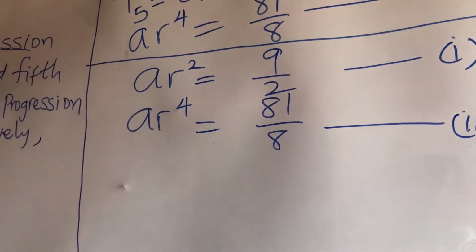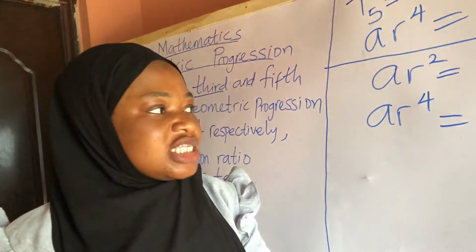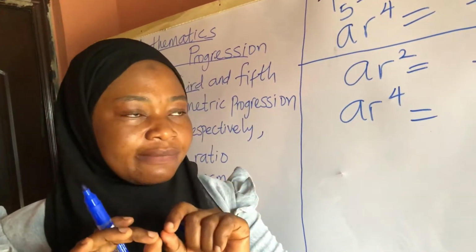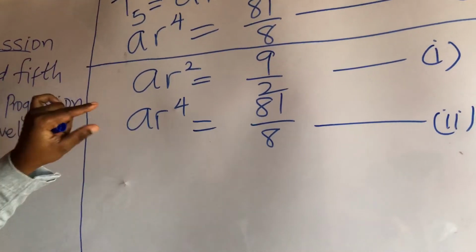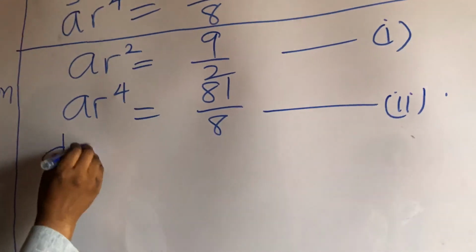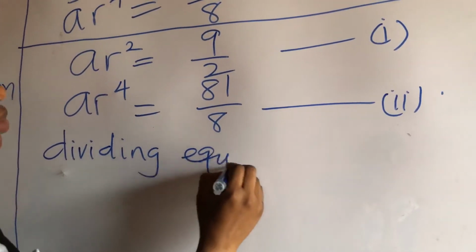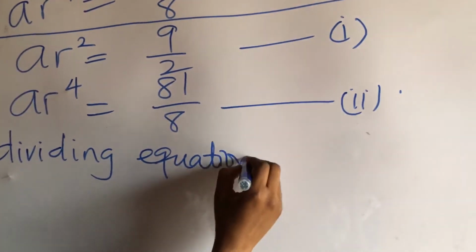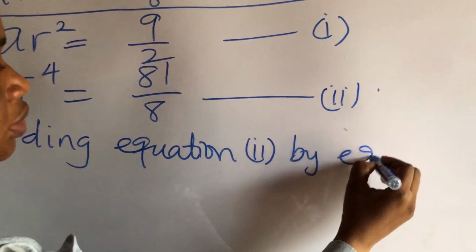I said it in the last video. But for AP, you are going to add or subtract. So just know that logic. So from here, we can divide equation 2 by equation 1.